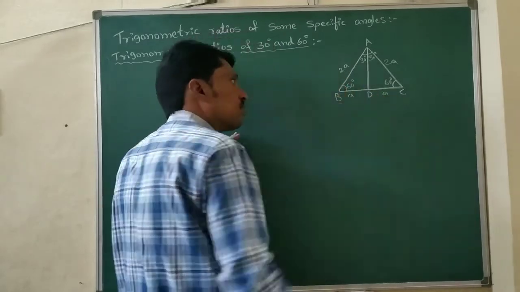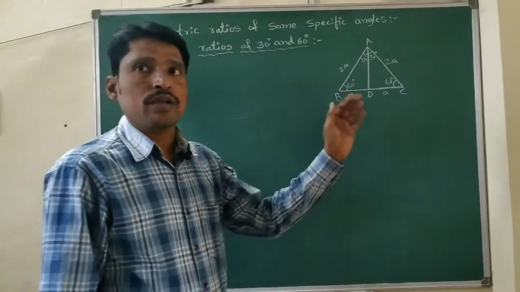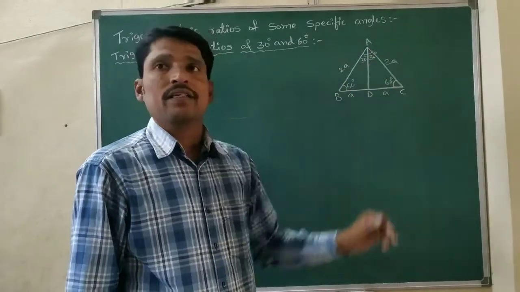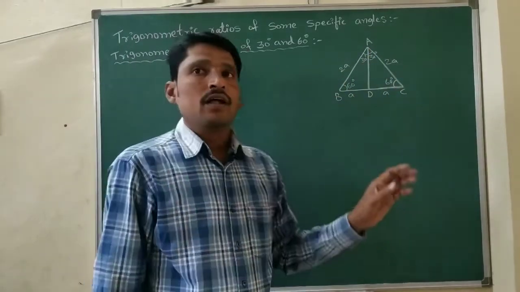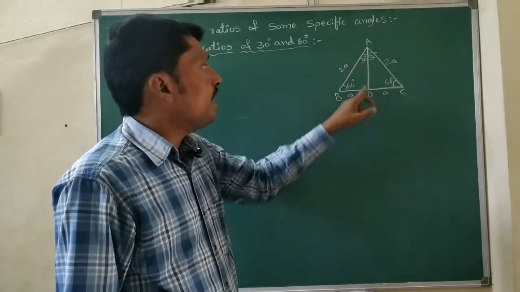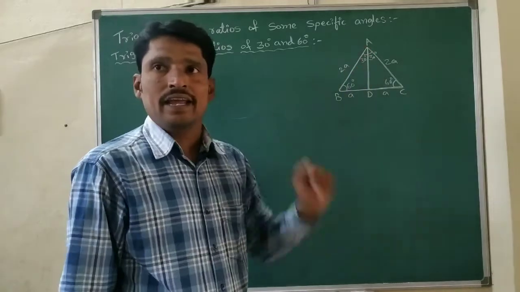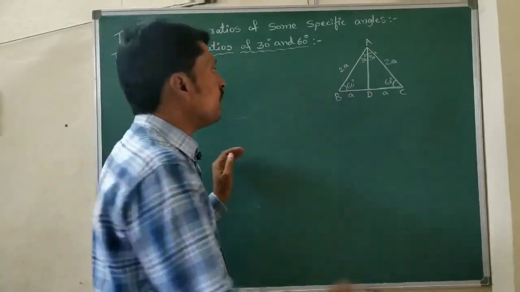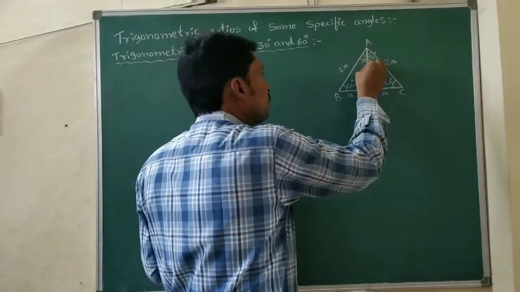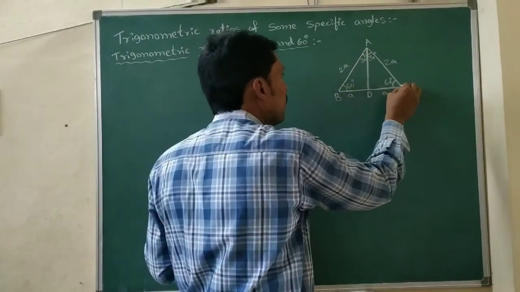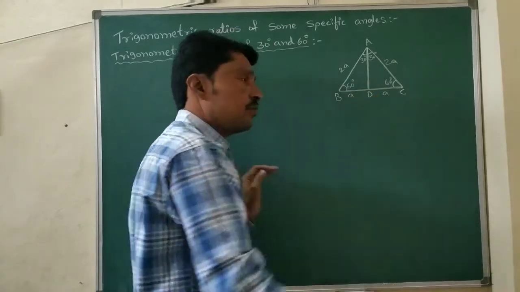A plus A is 2a. So AB equal to AC equal to BC is 2a units. We draw AD as the perpendicular bisector of angle A. This AD is bisecting the angle and also bisecting the side BC.